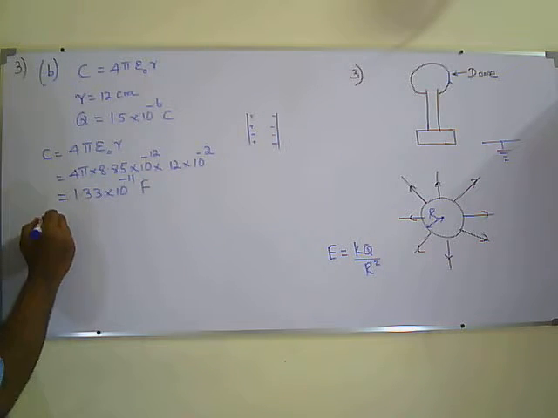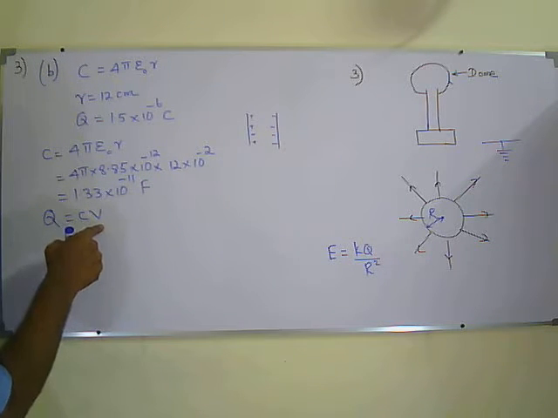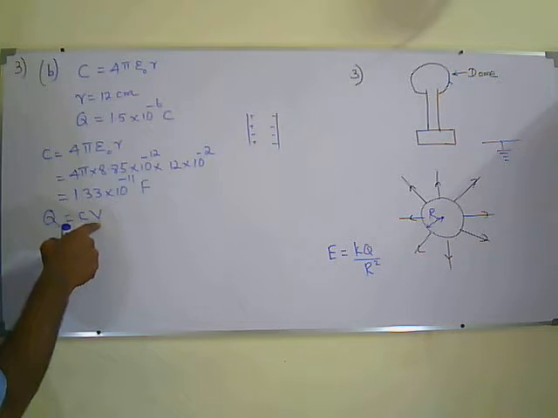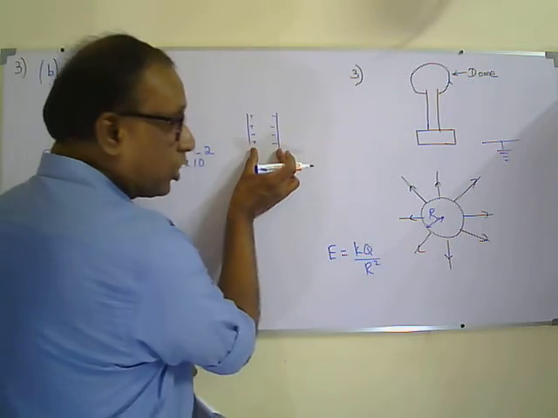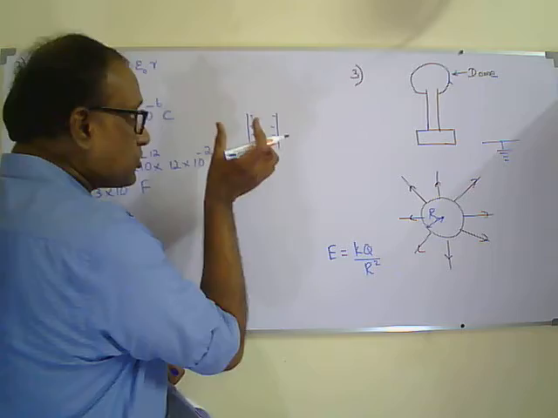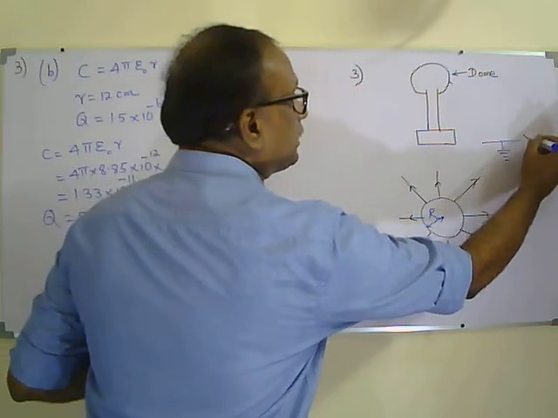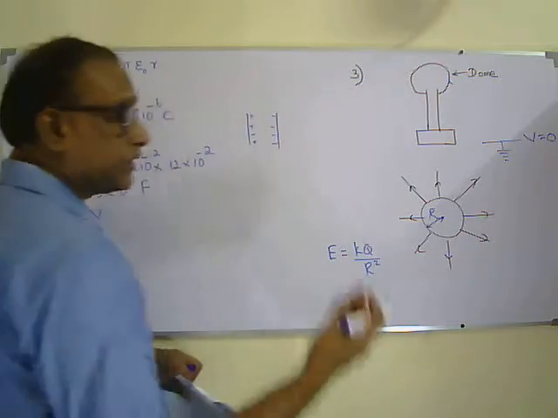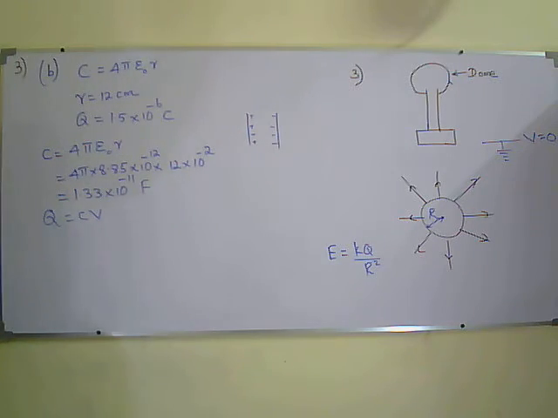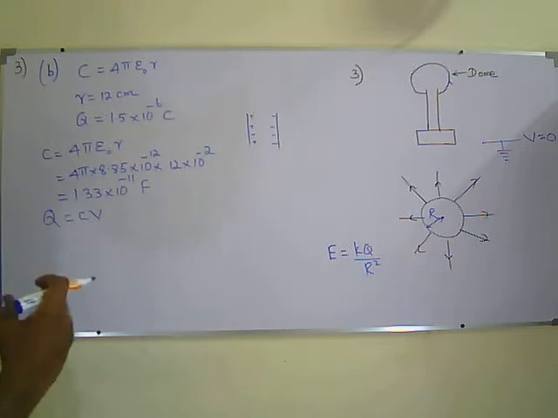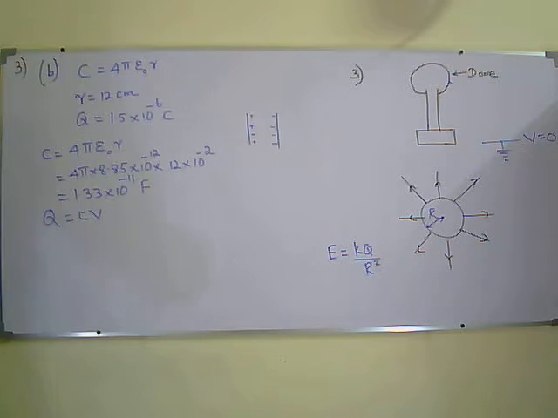Then use the equation Q equals CV and find V. Normally we learn potential difference between the plates in a capacitor. Here it is the potential difference between the dome and the earth, but the potential of the earth is taken as 0 because it can accept any amount of charge and give out any amount of charge.